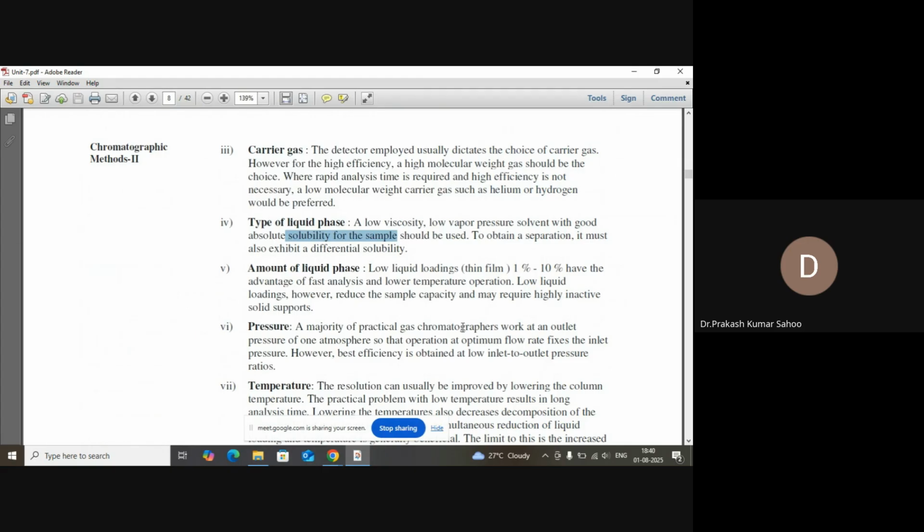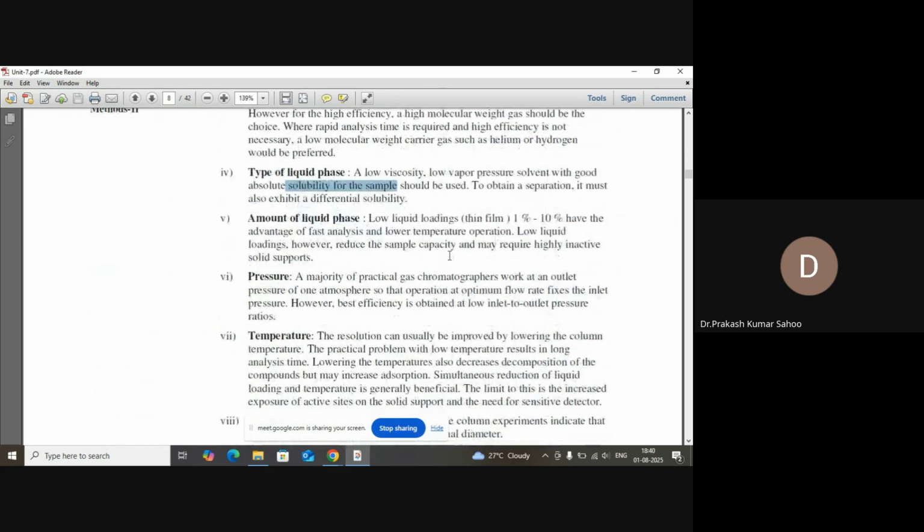It is very important that the liquid has a good solubility factor. As for the amount of liquid phase, low liquid loading, that is 1% to 10%, has the advantages of fast analysis and lower temperature operation. Low liquid loading, however, reduces the sample capacity and may require highly inactive solid supports.